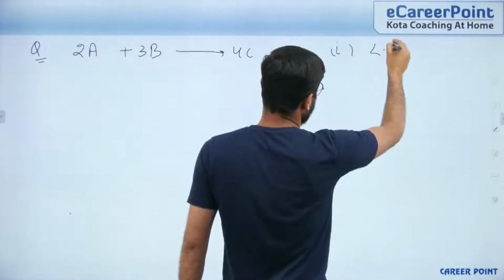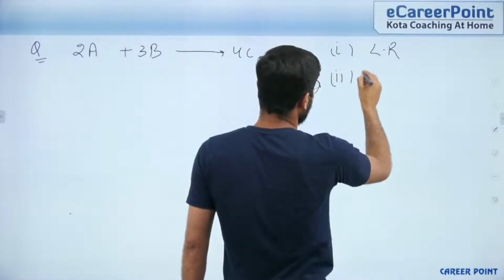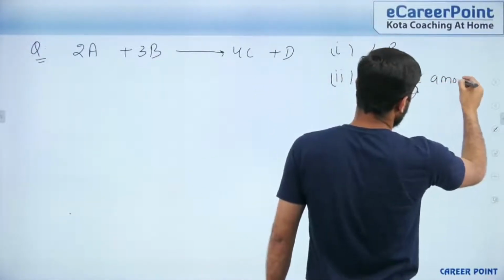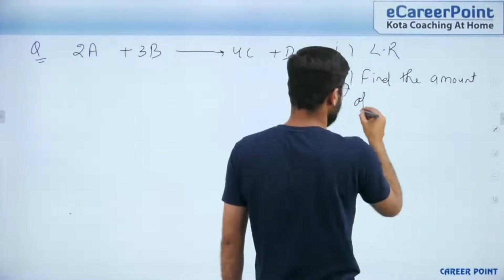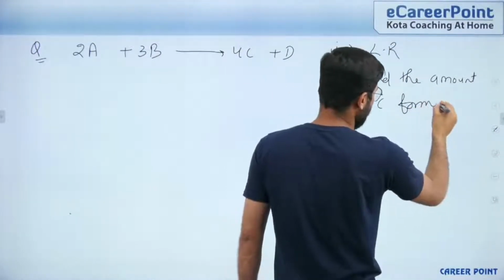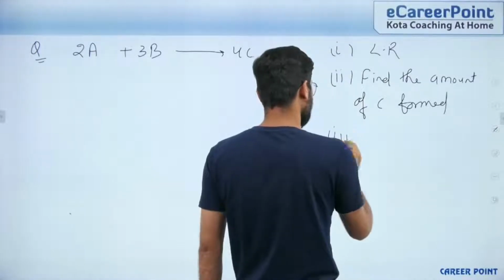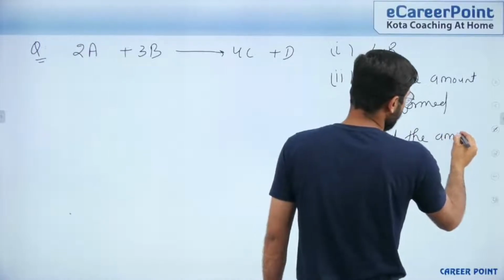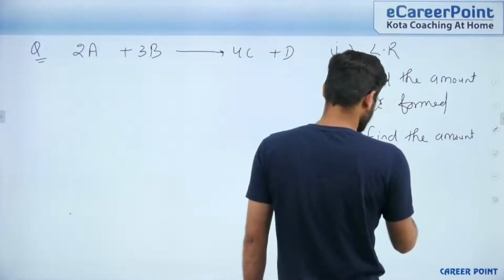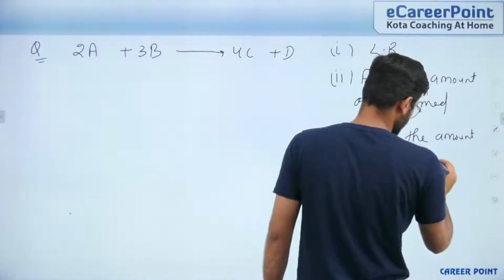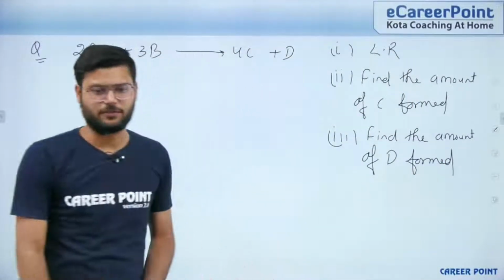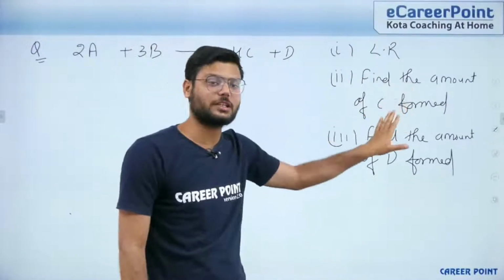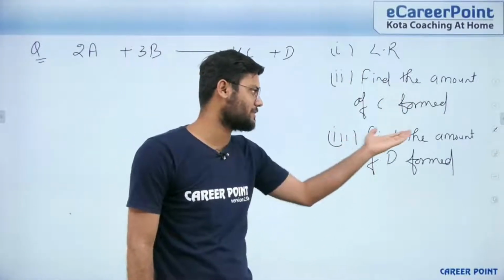First is find the limiting reagent, second is find the amount of C formed, and third is find the amount of D formed. So we have these three questions.